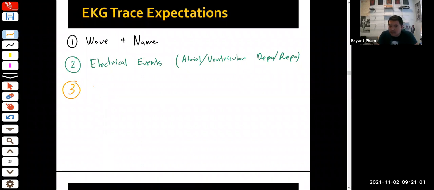Next, you need to be able to infer the muscular events: atrial and ventricular contraction.